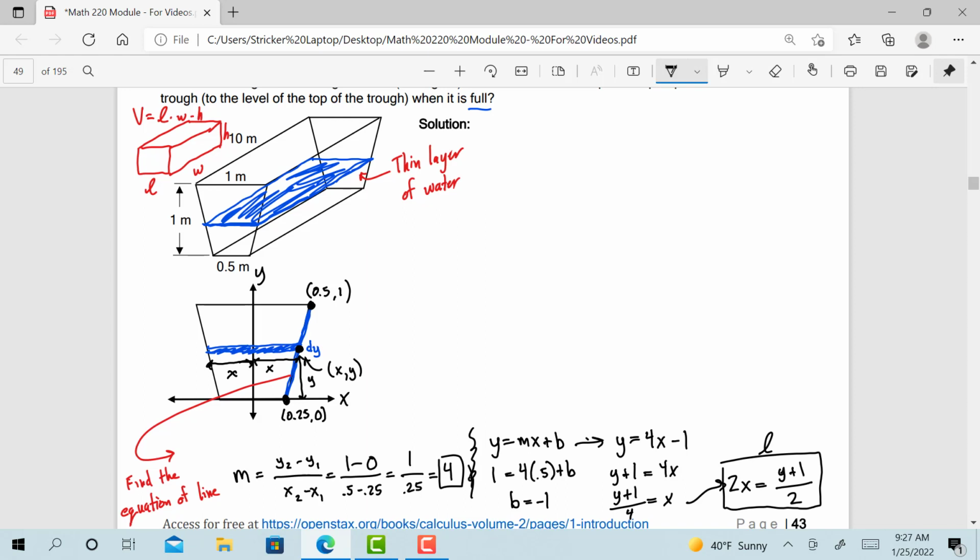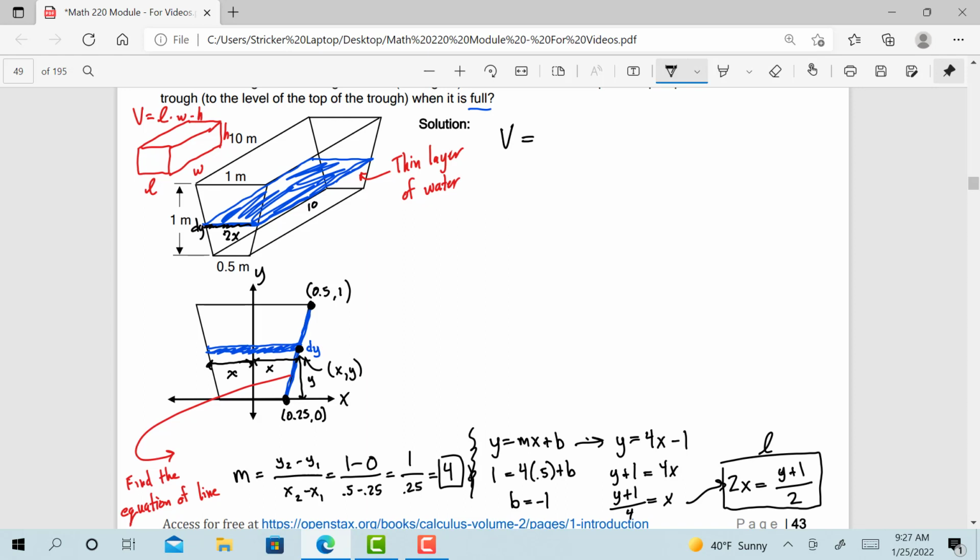This is basically 2x there. We know that this dimension again is 10, and then the thickness here is dy. So the volume of our thin layer of water is the length times the width times the height.